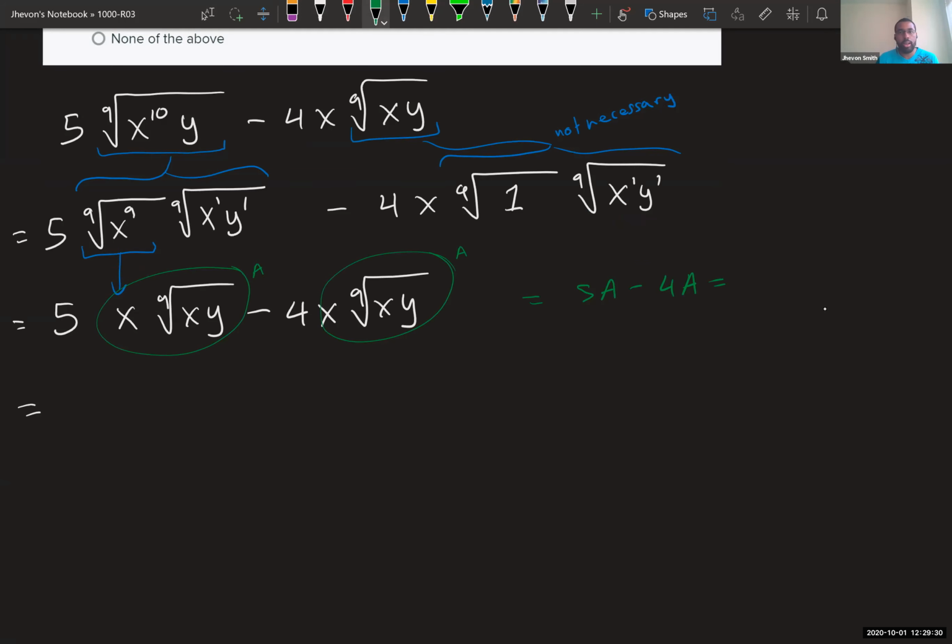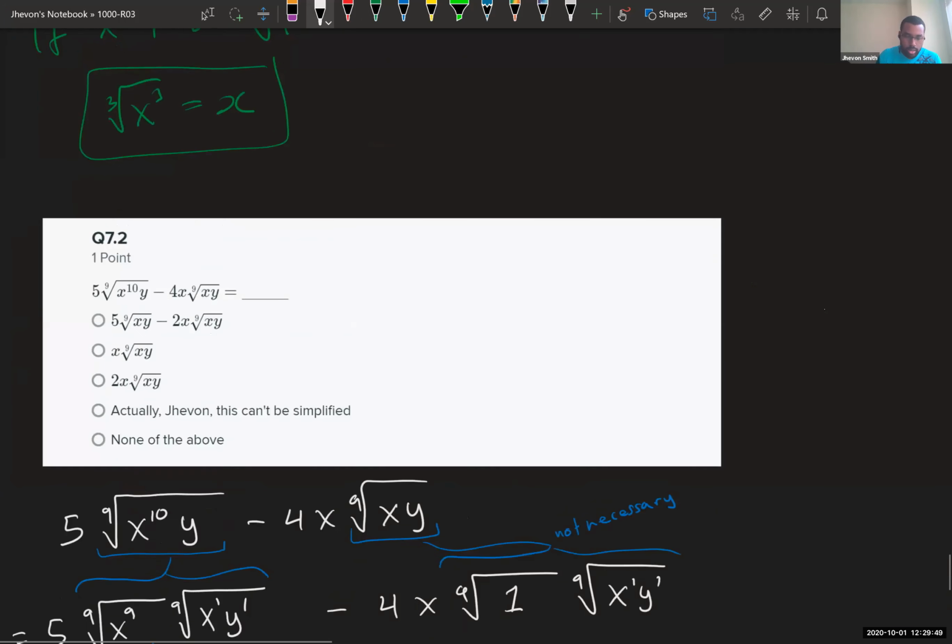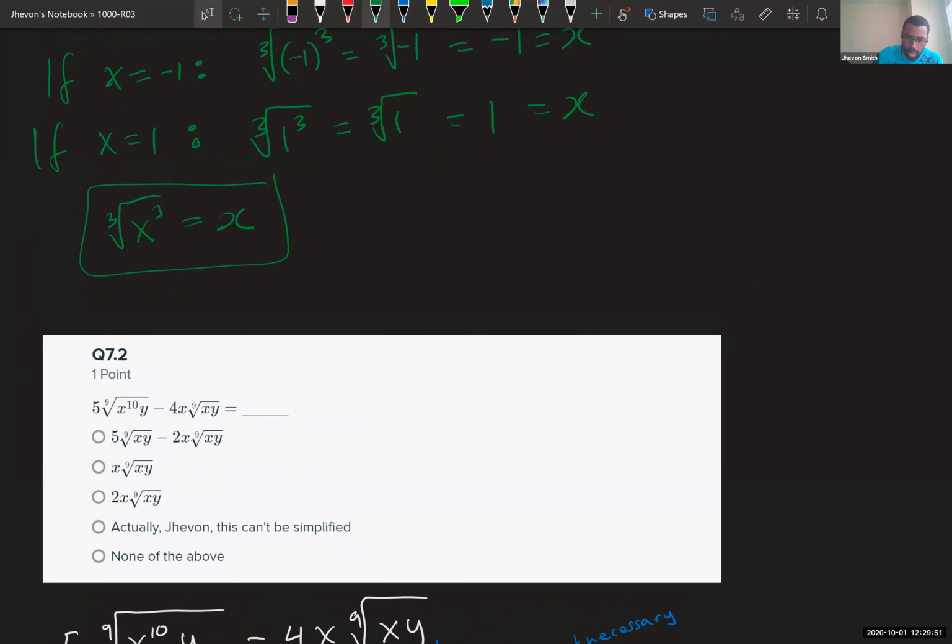How would that simplify? Just the A, right? If I have 5 apples minus 4 apples, I'm just left over with 1 apple. So I'm just left over with the thing that's in green. And that's your answer. And that's choice C.